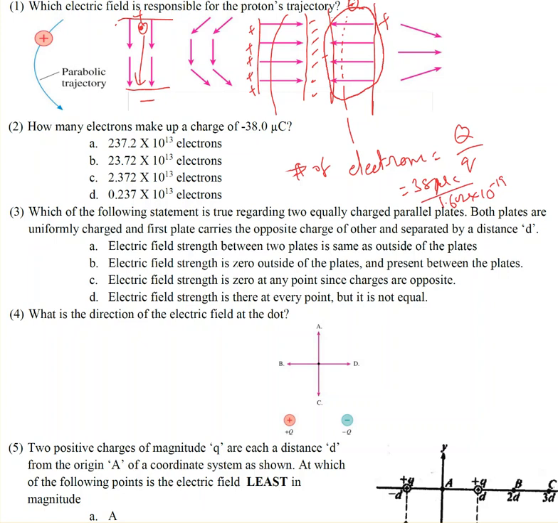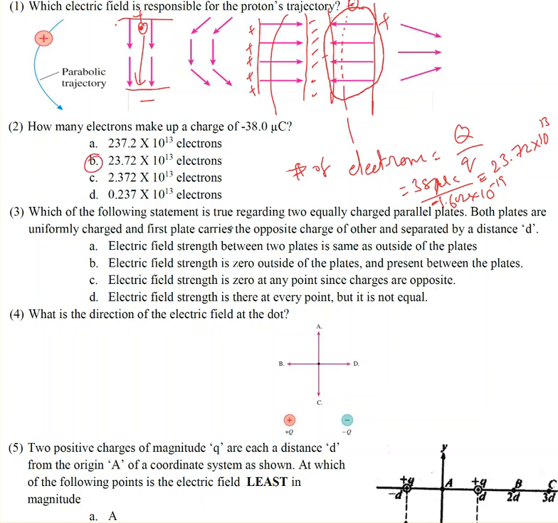That's the charge of the electron. So it is 38 micro over 1.602. Electron is negative charge, but I'm looking for number of electrons, so I didn't put the negative sign there. So 38 micro over 1.602 times 10 to the power of minus 19 will be like 23.72 times 10 to the power of 13 electrons in that amount of charge.